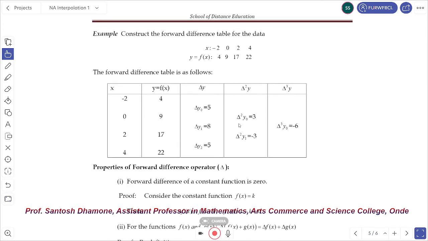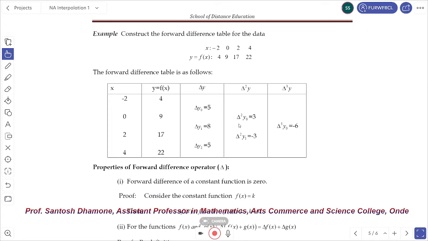Construct the forward difference table for the data. The values of x are -2, 0, 2, 4 and the values of y equal to f of x are 4, 9, 17, 22. The forward difference table is as follows: x is -2, 0, 2, 4, and the values of y are 4, 9, 17, 22.